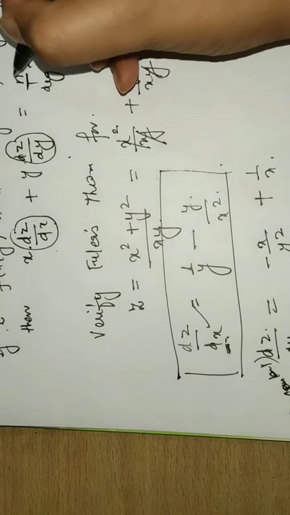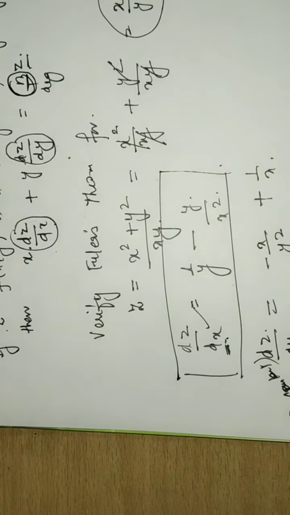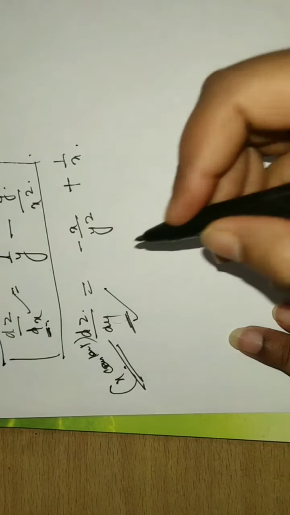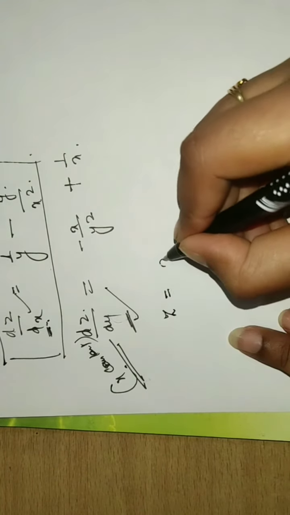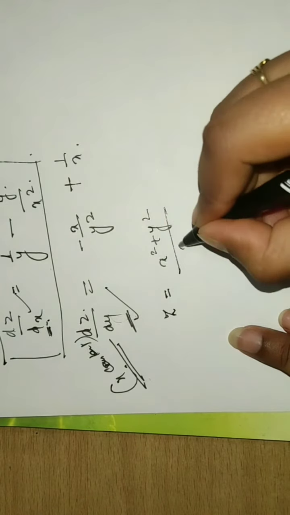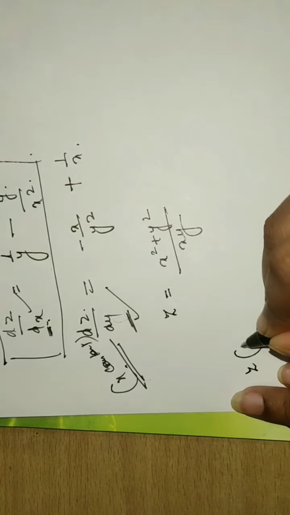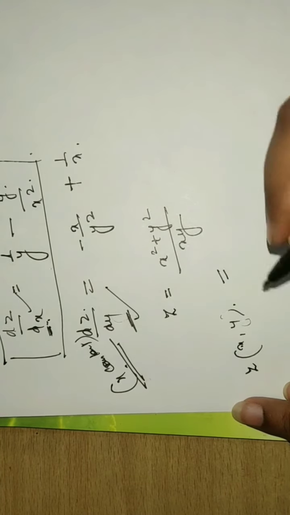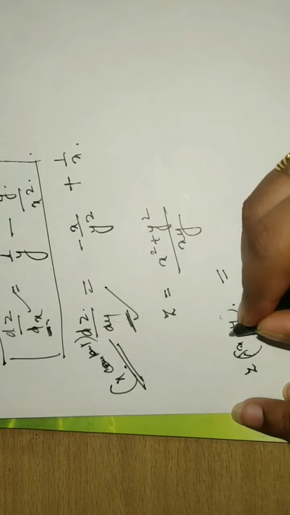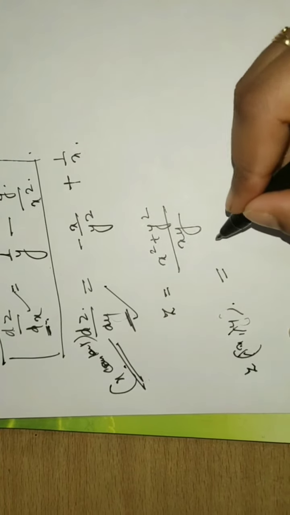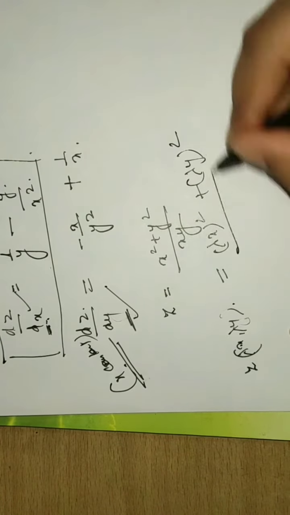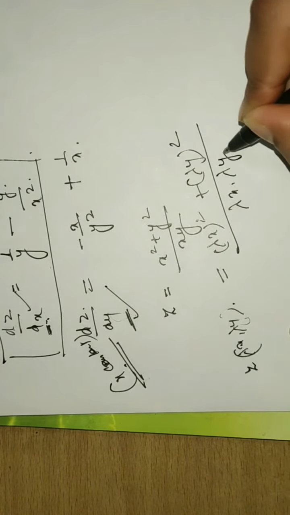Now we find out the degree of the function. How do we find the degree? That we have already done. The function is z is equal to x square plus y square by xy, a function of x and y. You multiply x by lambda, y also by lambda, and then lambda x square plus lambda y square by lambda x into lambda y.